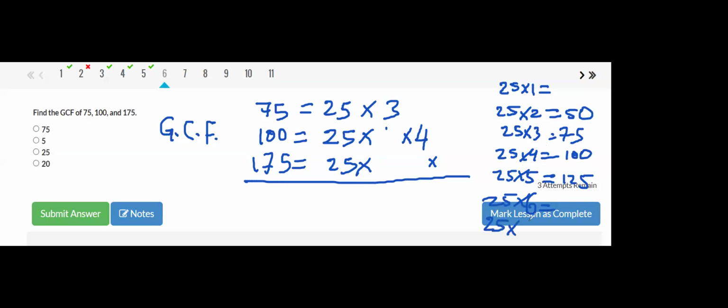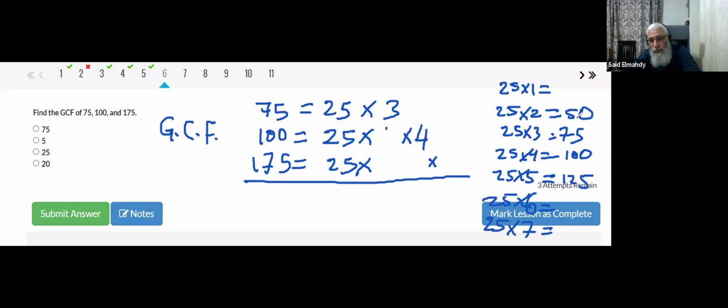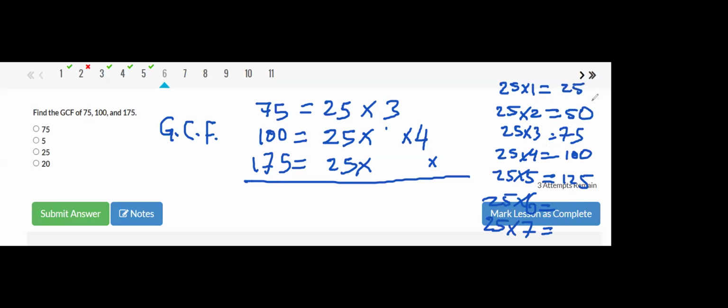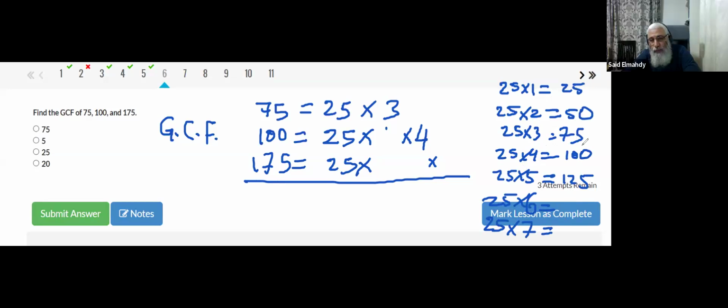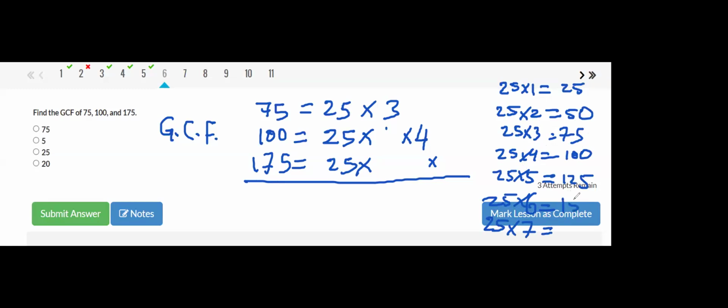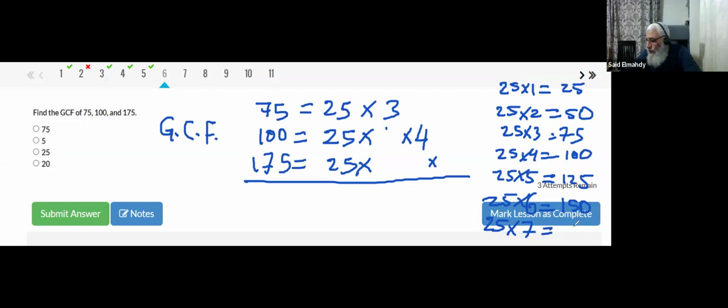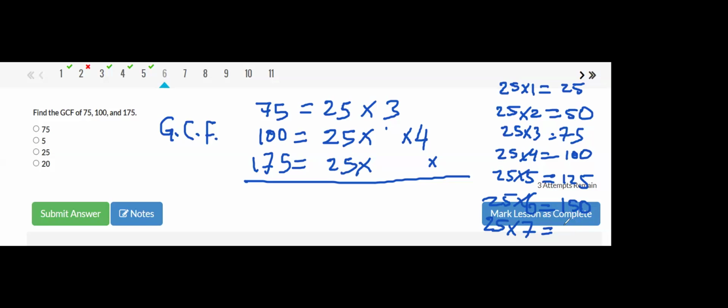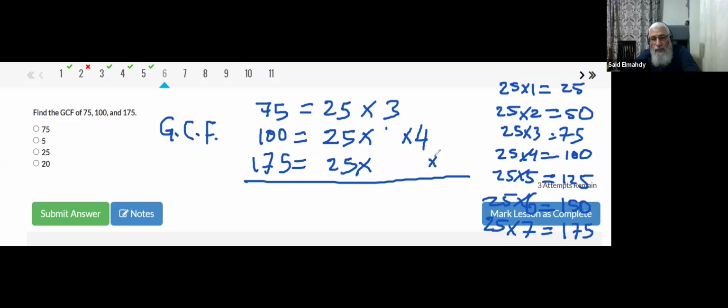Each time we add 25: 25, 50, 75, 100, 125, 150. And then 25 times 7, add another 25, so that's 175. So the answer is 7. 175 is 25 times 7.